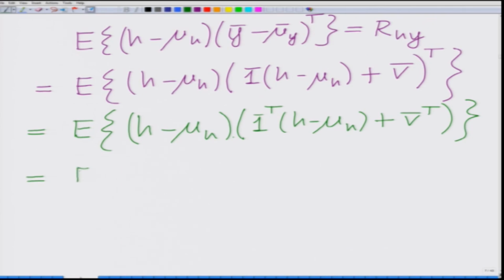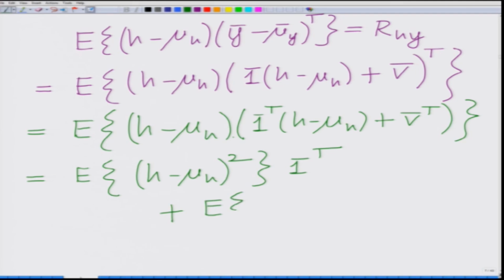Splitting it into components, it is the expected value of (h minus mu h) square into 1 bar transpose plus the expected value of (h minus mu h) into v bar transpose.